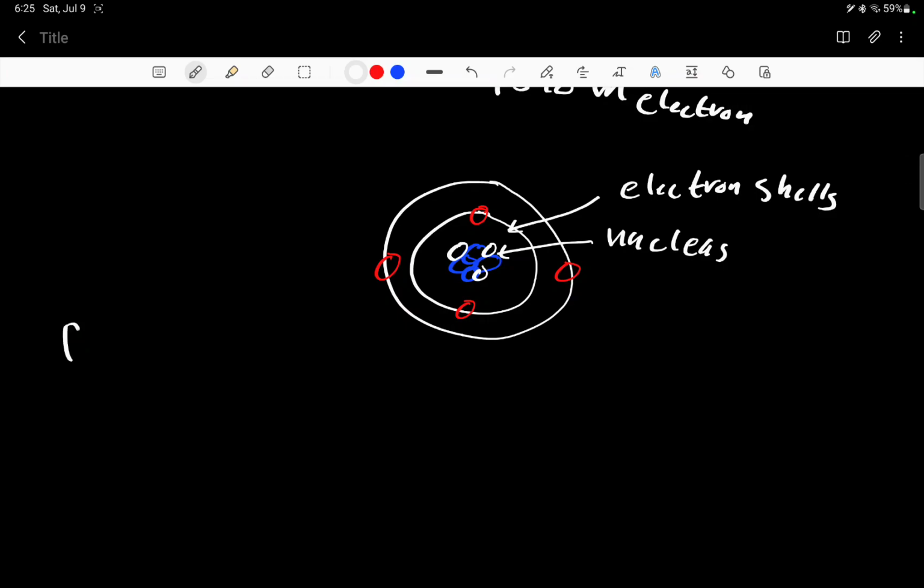So the number of protons plus the number of neutrons is going to be equal to what is called the atomic mass.